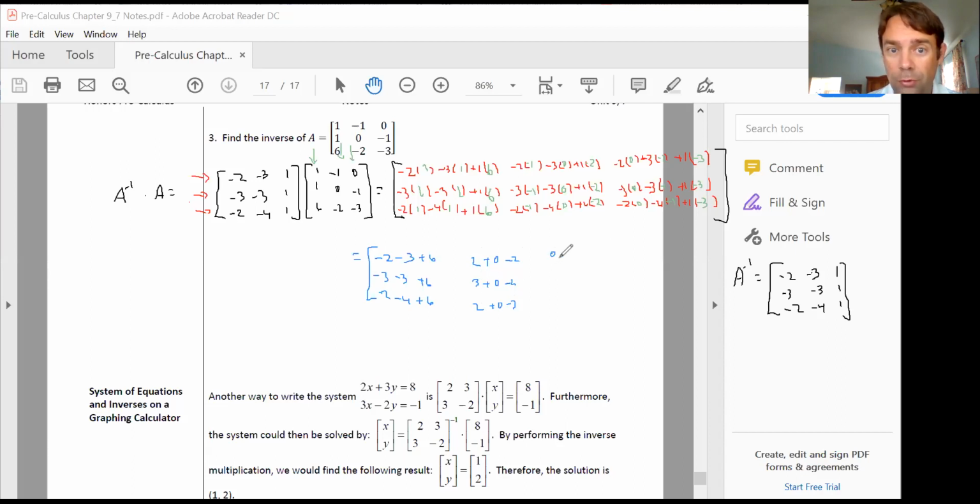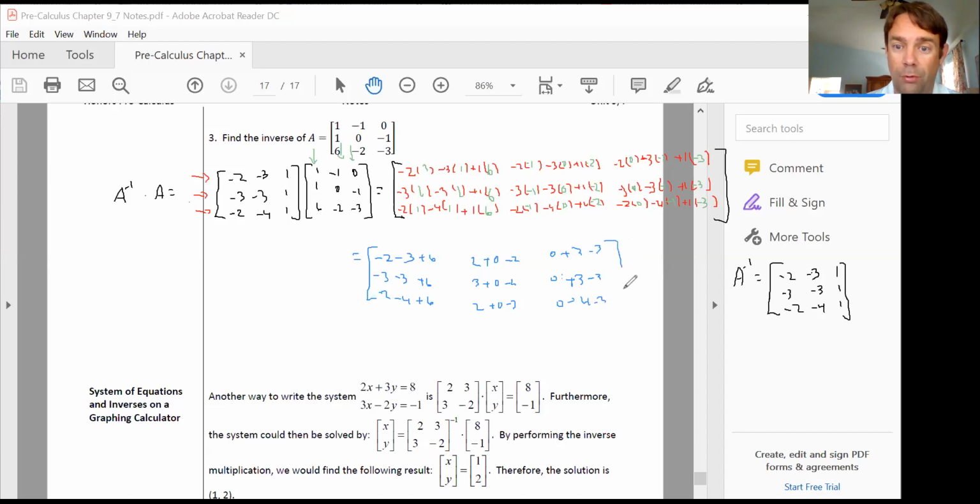Oh, is that a -3? Can't read my own handwriting. Yeah, it's a -3. No, that was a +3. I'm sorry. And then we have a -3. All right, we have a 0, we have a +3, and another -3. We had a 0, we had a +4, and a -3.